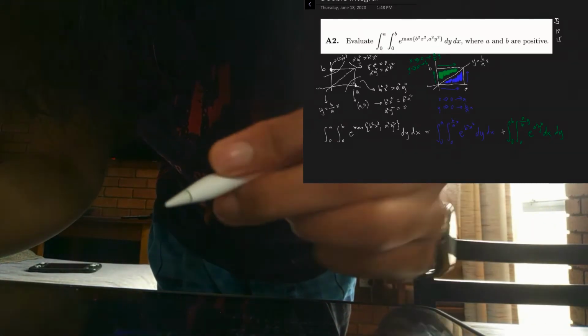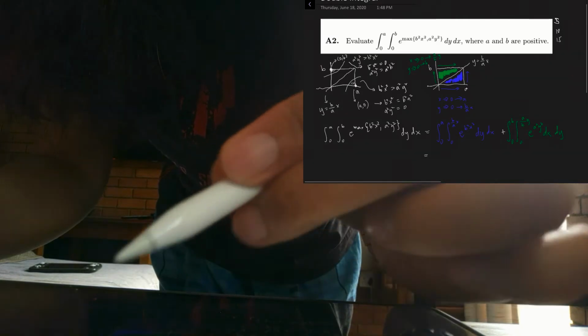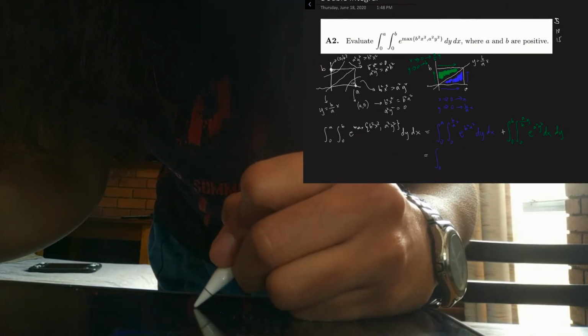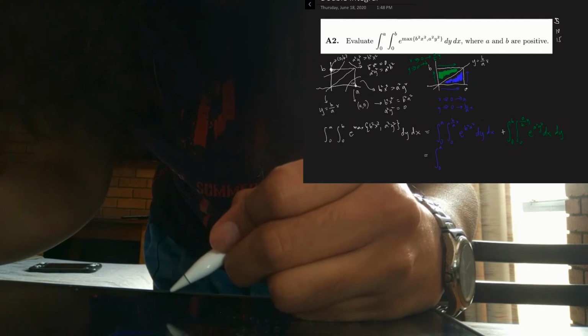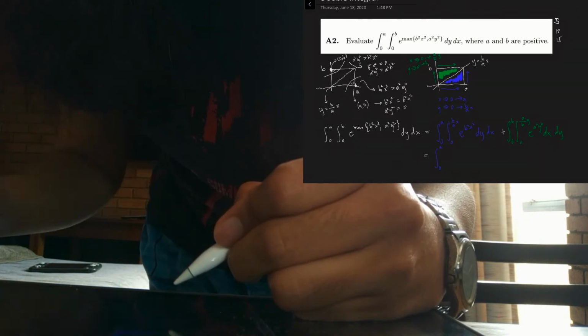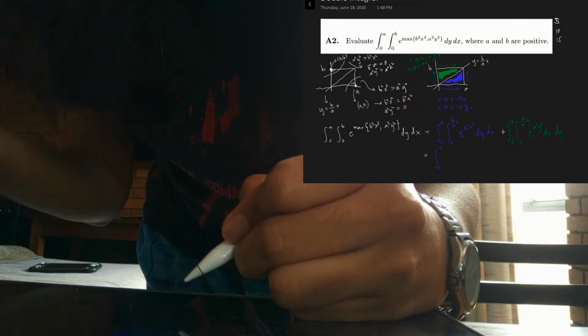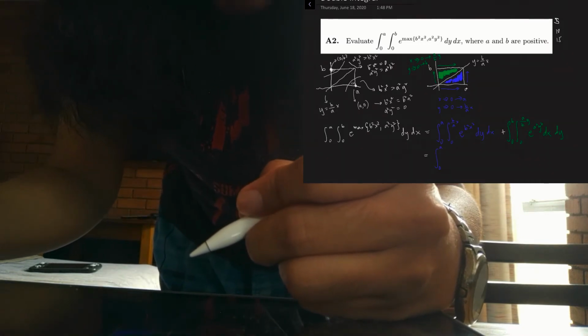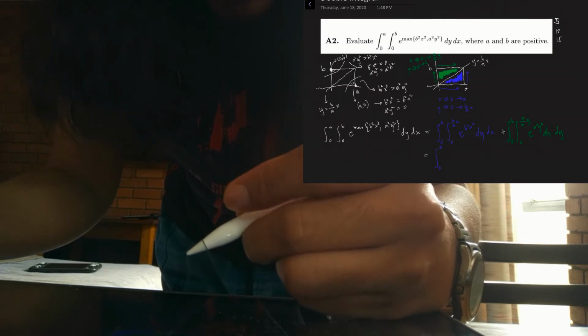Okay, let's proceed with the integration. So the first integrand, the integral on dy, will be trivial. So you have 0 to a. Since your integrand has no y in it, it's just e to the b squared x squared. So it looks like a constant from the point of view of y. So you'll only have y e to the b squared x squared evaluated at b over a x.